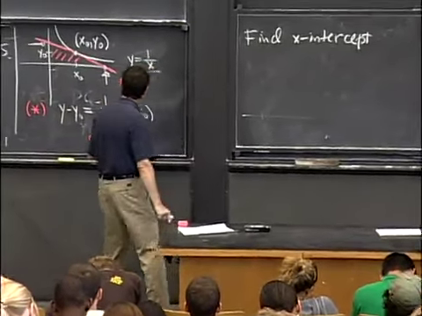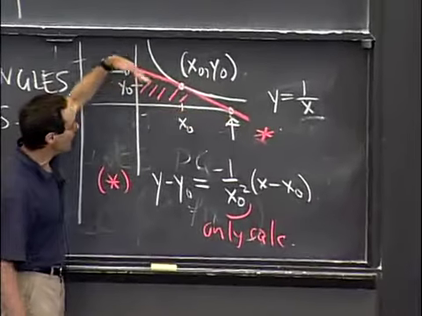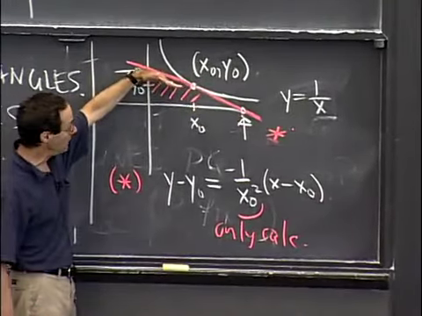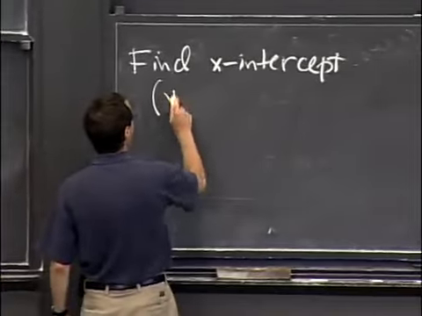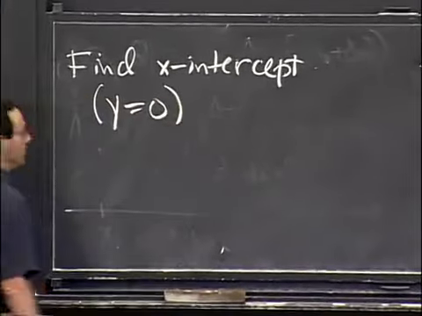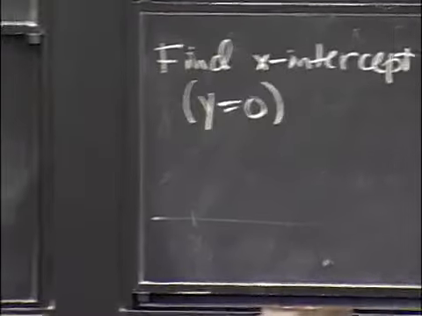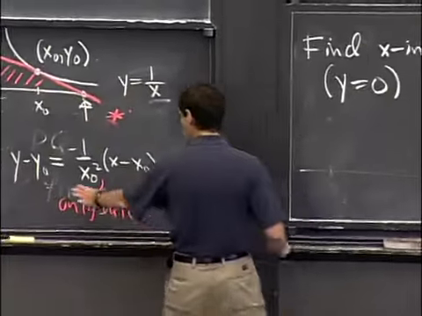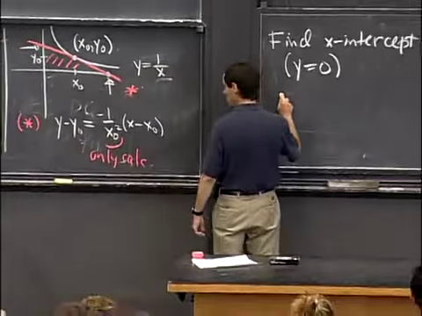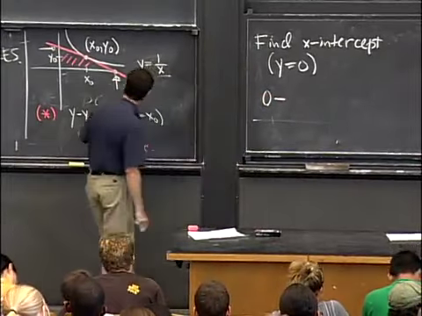So to do that, what we need to do is to find where this horizontal line meets that diagonal line. And the equation for the x-intercept is y equals 0. All right? So we plug in y equals 0. That's this horizontal line, and we find this point. So let's do that into star. So we get 0 minus, one other thing we need to know.